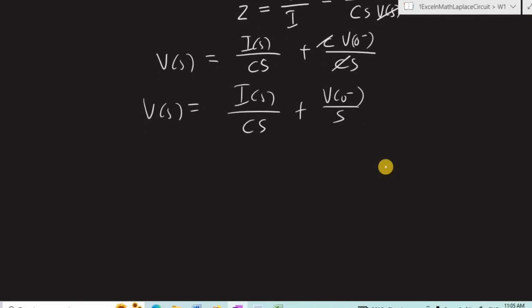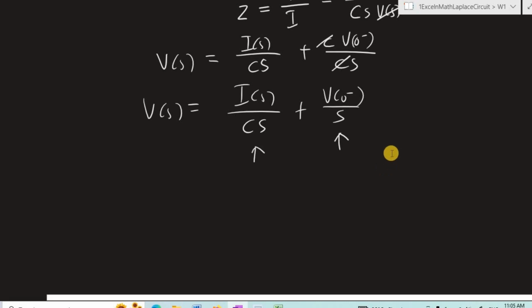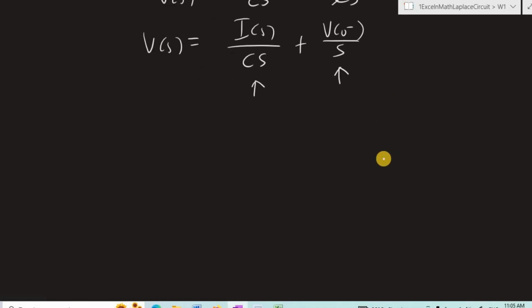So this is a voltage source, and this one is the voltage across the capacitor. If this is our V of S and this is I of S, our capacitor is here, and a voltage source is in series with the capacitor with this polarity.